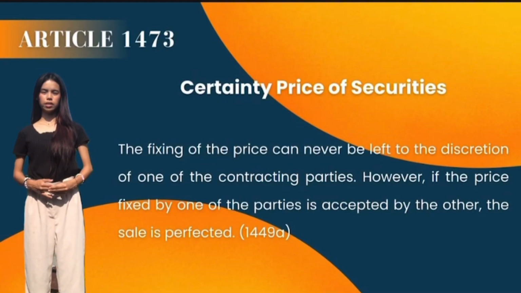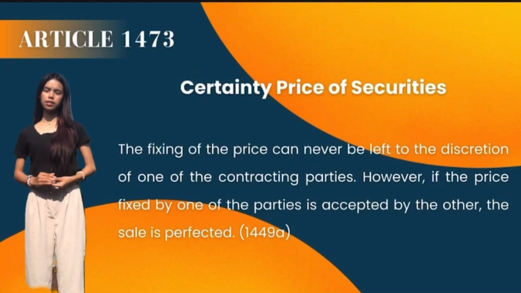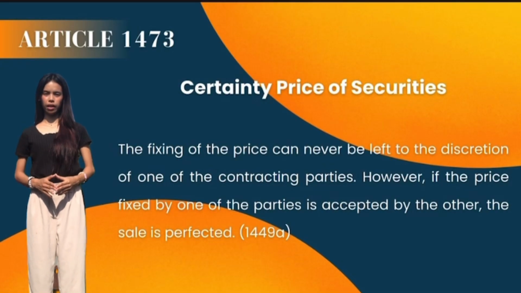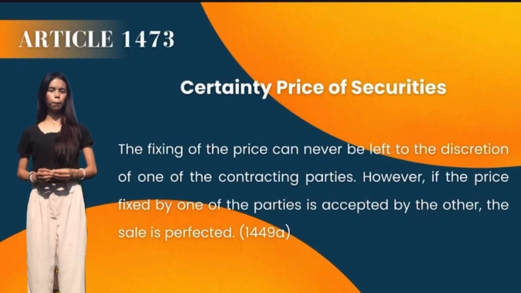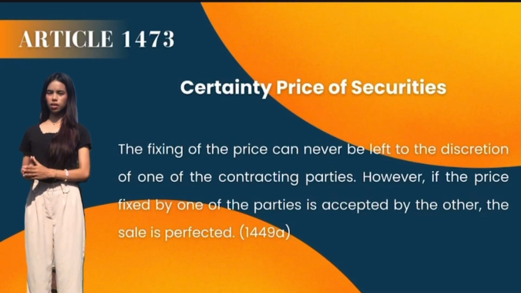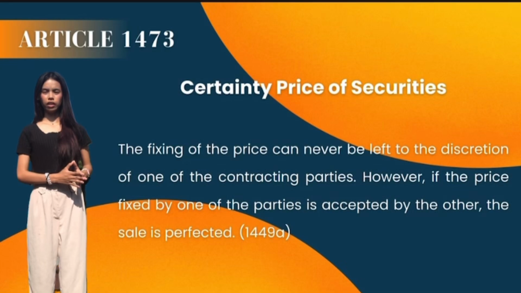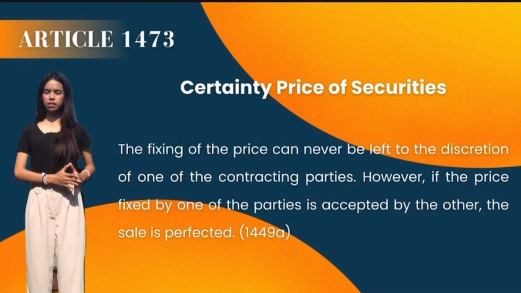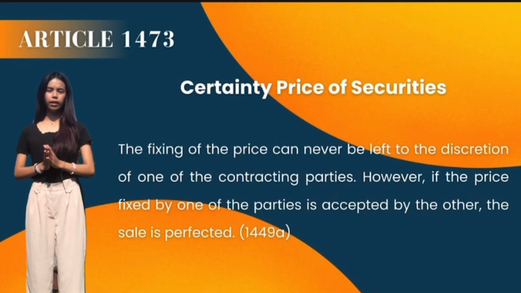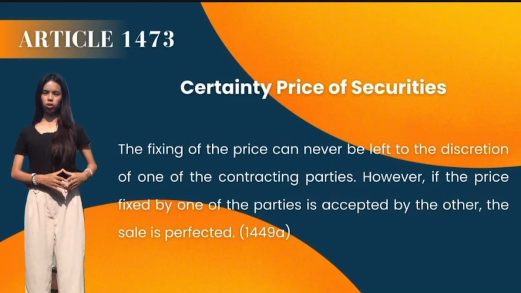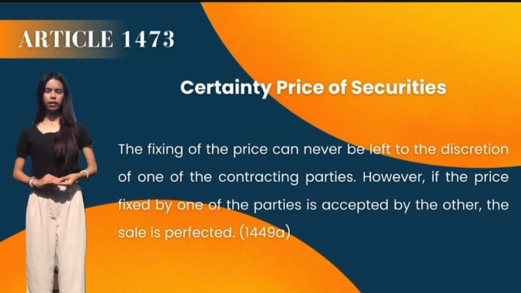However, Article 1473 provides a significant exception to this rule. It states that if the price fixed by one of the parties is subsequently accepted by the other, the sale is perfected. In this scenario, even though the price originated from one side, the other party's voluntary and unequivocal acceptance signifies their consent. At that point, a true meeting of minds on the price occurs, satisfying the essential requirements for a valid and binding contract of sale.